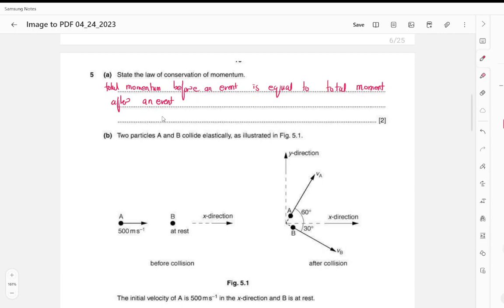Could be an explosion, could be a collision, in a closed, isolated system. Isolated system. No external force. No external resultant force.